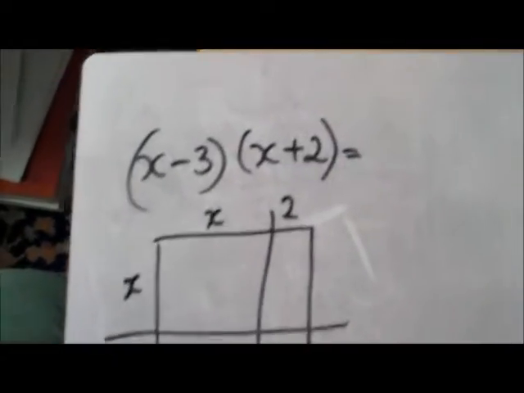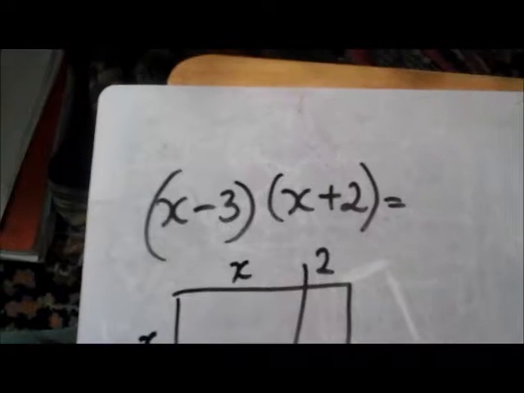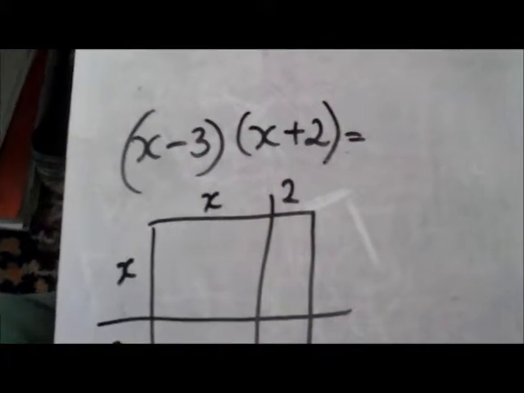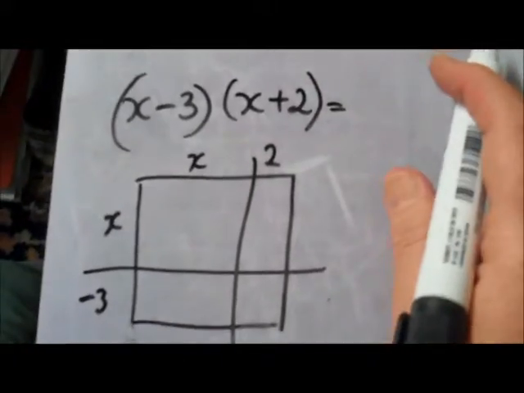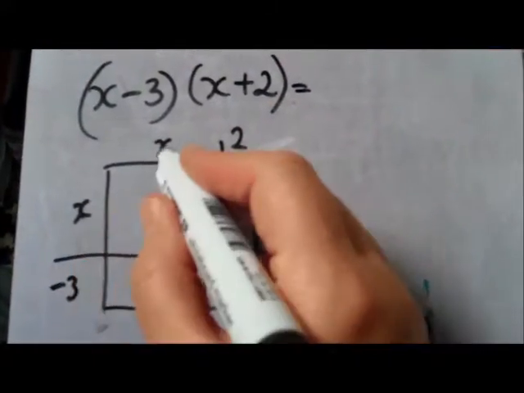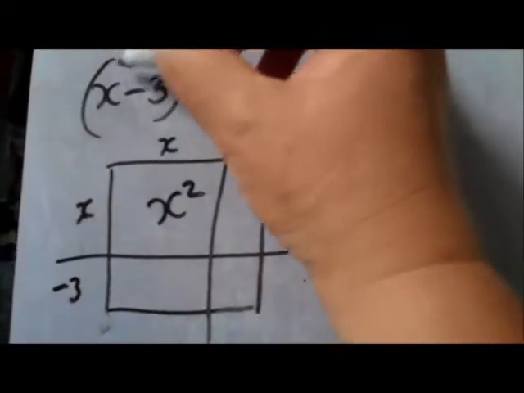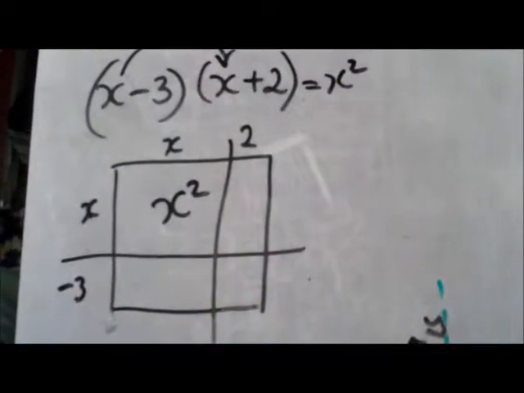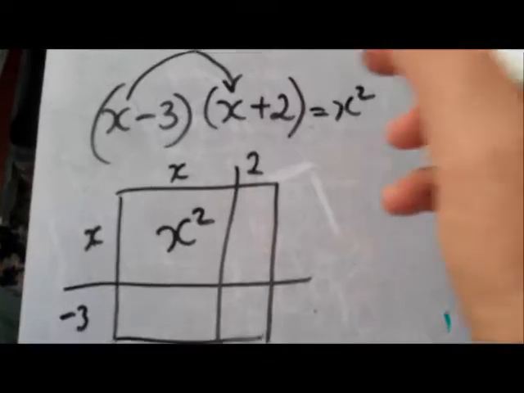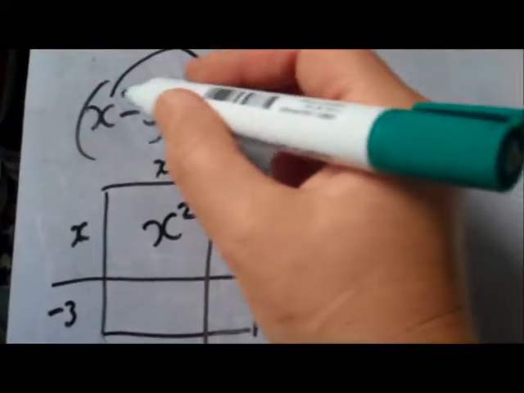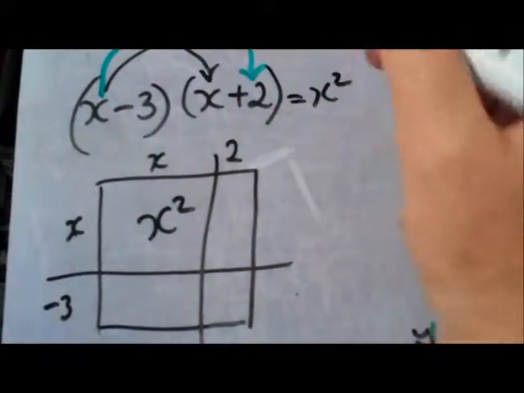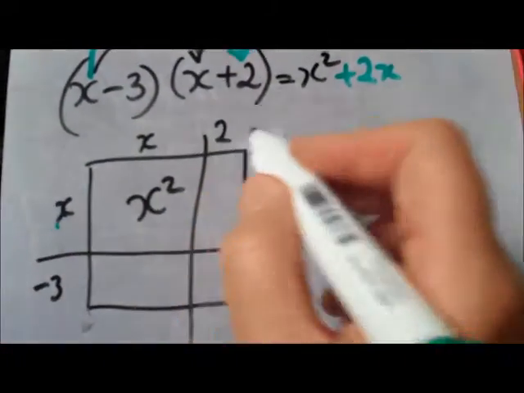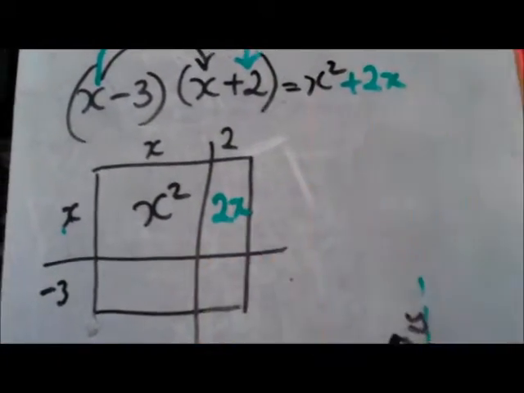Let's have a look at x minus 3, x plus 2. So how would I expand that out? Well, I've drawn it here. X times x is x squared. That's this first term, x squared. What about the next term? X times positive 2 is plus 2x. Add that in.